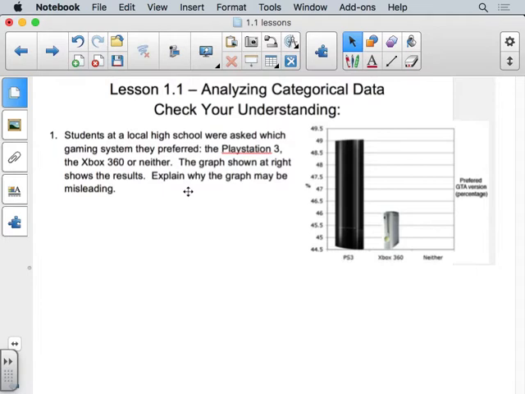If you've already, don't go to number 2. I've got the answers to number 2, you can do that on your own. Let's just look at number 1.